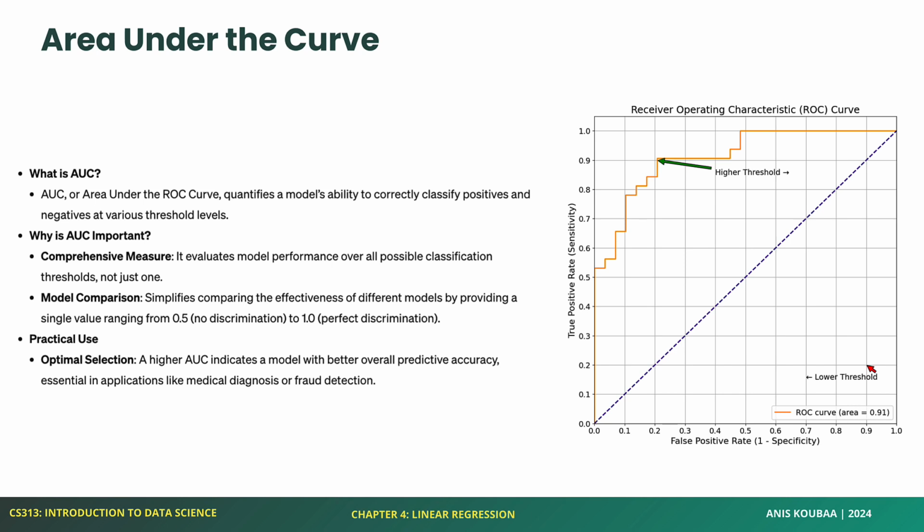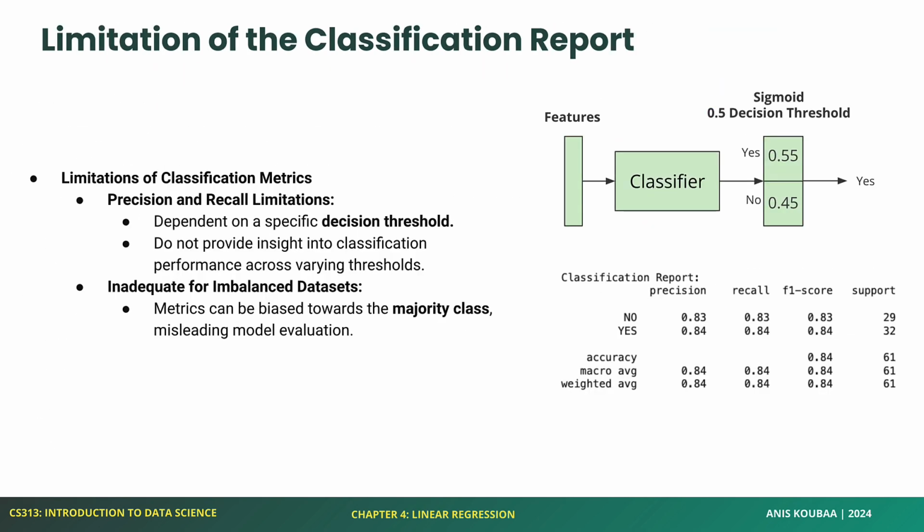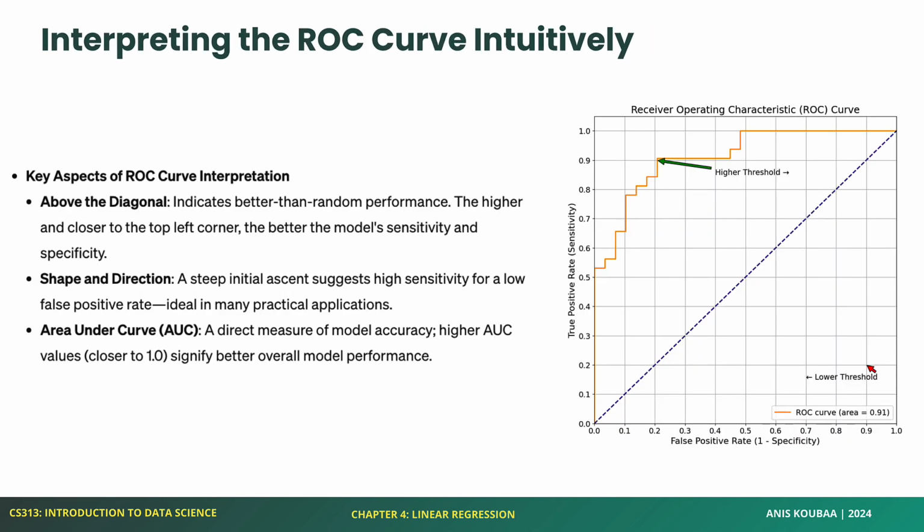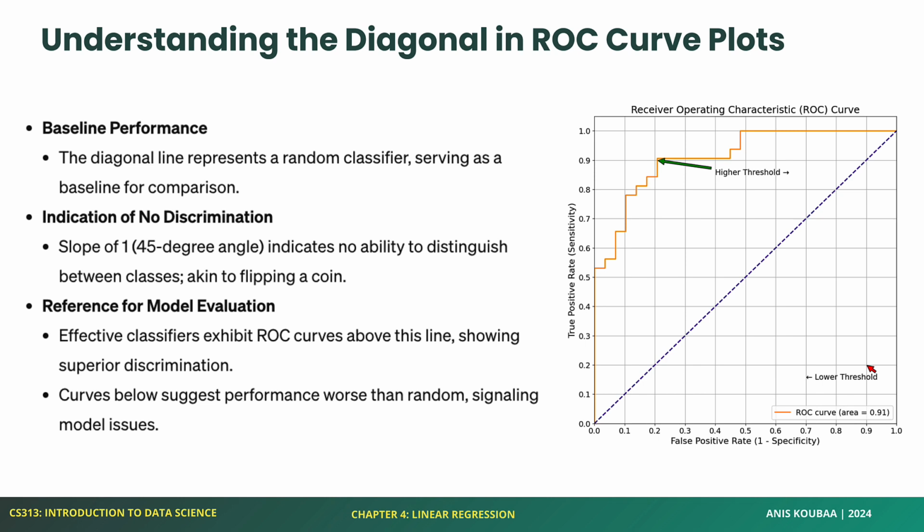So the area under the curve here, 0.91, gives you an indication about the performance of the model across different thresholds. Now the difference with these simple metrics is that they use only one threshold, 0.5, but this is more general.